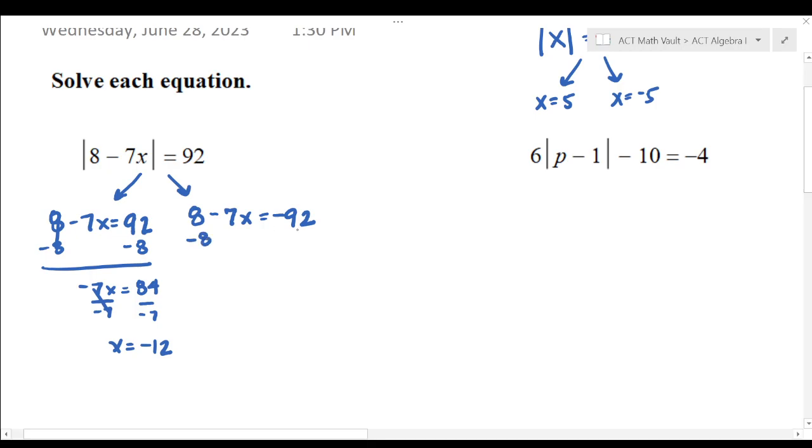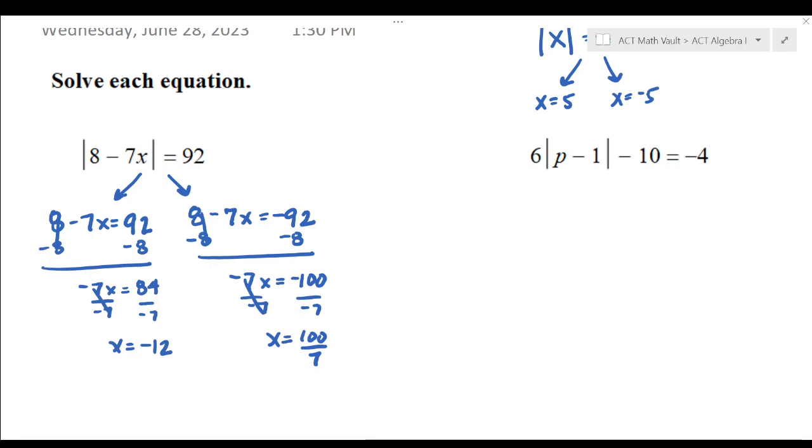Then for this one, subtract 8 on both sides. I get -7x equals -100. Divide both sides by -7. And I'm just going to leave that as 100/7. It can't simplify any further. Okay, so two answers for this problem here. -12 and 100/7.